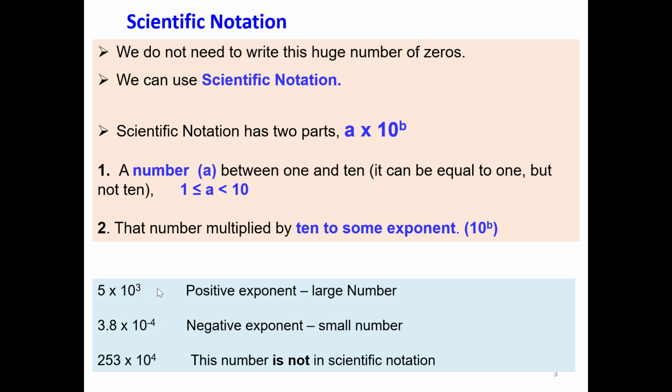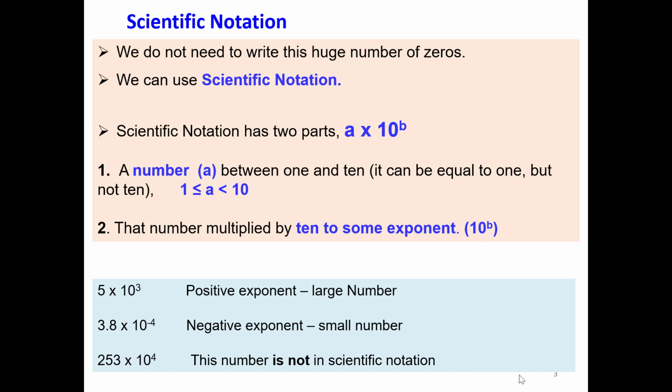Always remember, if you have a number in scientific notation, a positive exponent represents larger numbers, greater than 1. If the exponent is negative, you have a small number, less than 1.